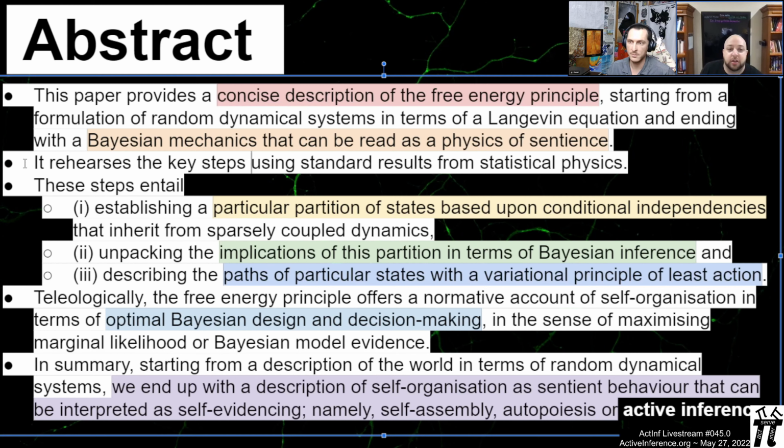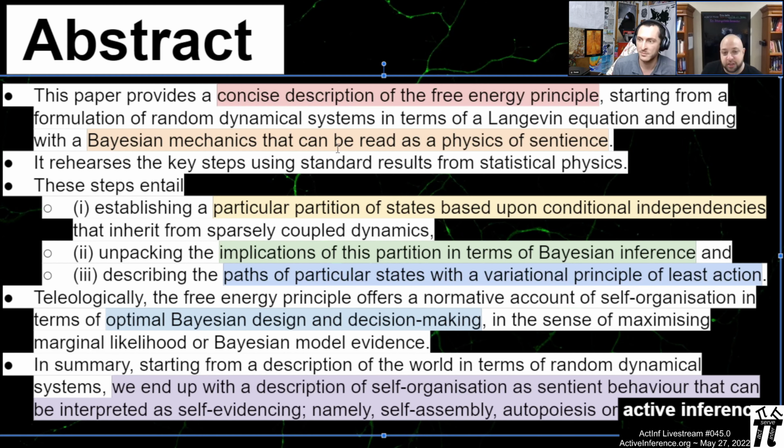These steps entail: 1, establishing a particular partition of states based on conditional independencies inherent from sparsely coupled dynamics; 2, unpacking the implications of this partition in terms of Bayesian inference; and 3, describing the paths of particular states with a variational principle of least action.